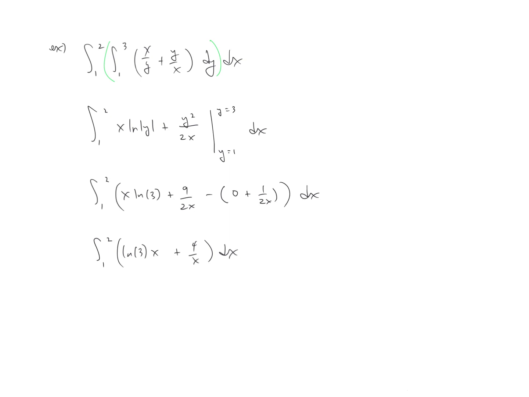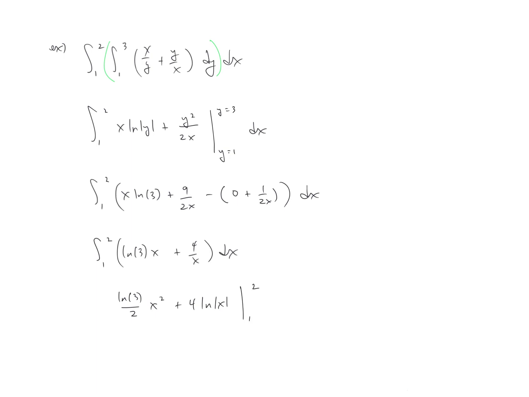So now I'm ready to integrate with respect to x. For the first term, it's another add 1 and divide. So natural log 3 over 2 x squared. And then here we have another natural log absolute value of x hanging out there. So we'll take that from 1 to 2.